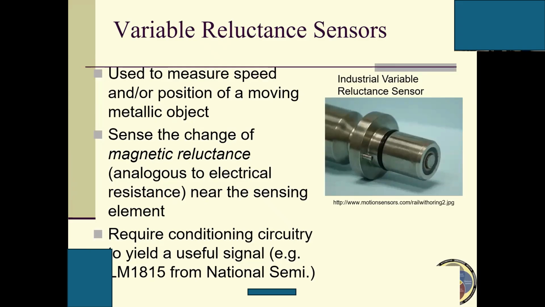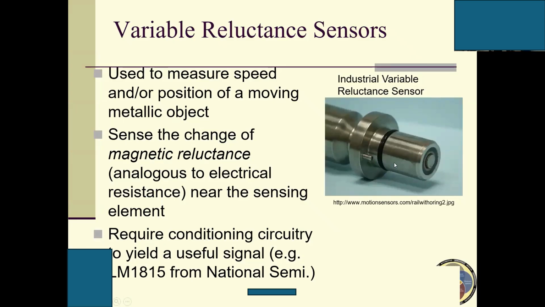They sense the change of magnetic reluctance, which is analogous to electrical resistance, near the sensing element. We require conditioning circuitry to yield a useful signal, because sometimes the raw signal is very weak.